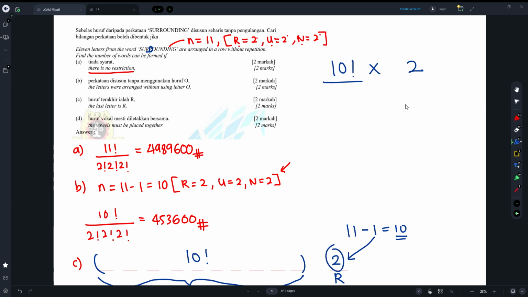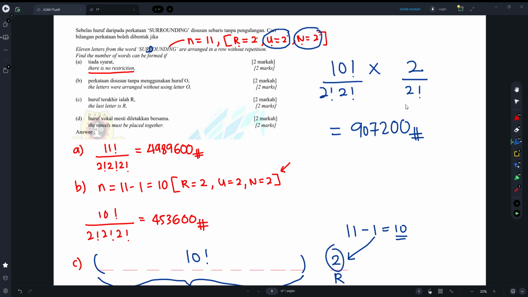But among these 10 letters, the U is repeating and the N is repeating, right? So you're going to put 2 factorial and 2 factorial. And whenever the R comes and sits here, we have to divide by 2 factorial because the R is also repeating. When we do this step, we're going to get 9072000 as our answer. Please take note.